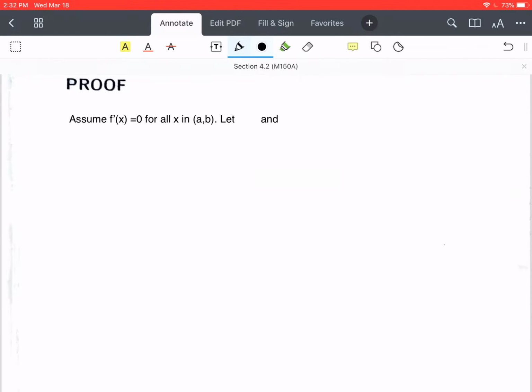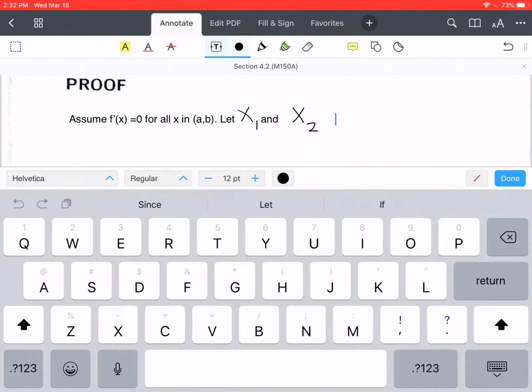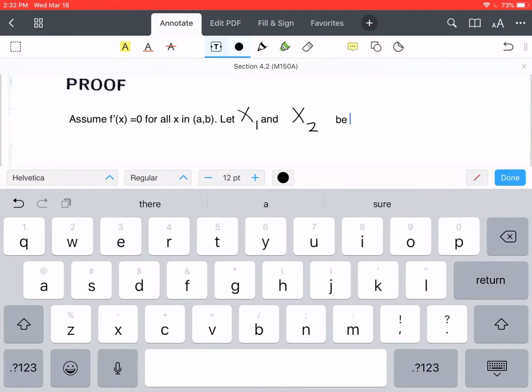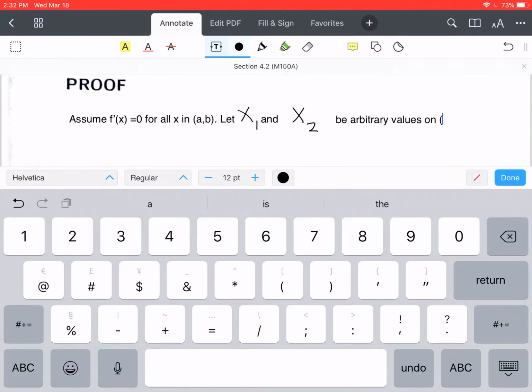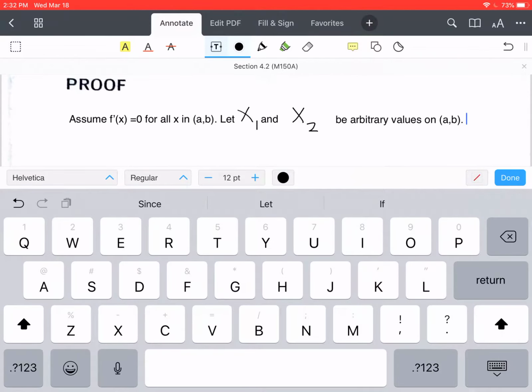We're going to let x1 and x2 be arbitrary values on the interval AB. And when I say arbitrary, I just mean they can be anything. So x1 and x2 are just going to be any two values that we want on the interval AB.